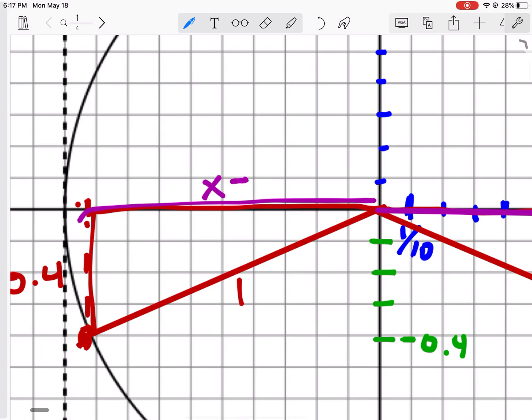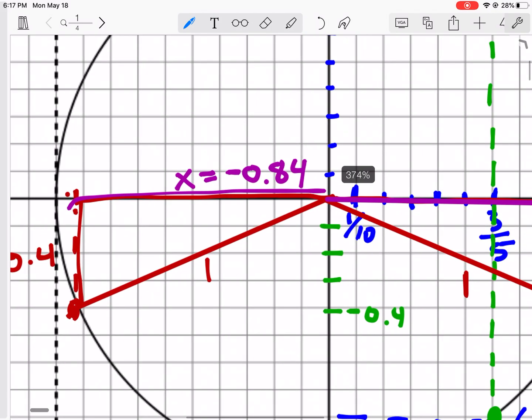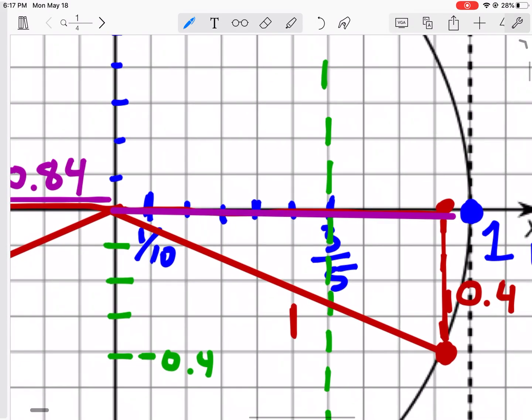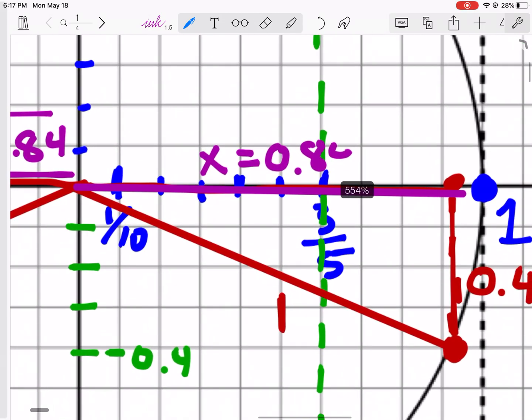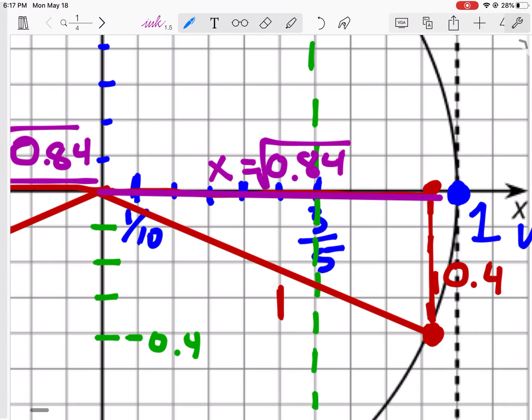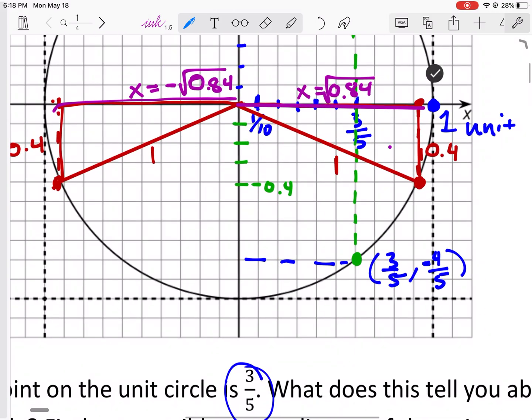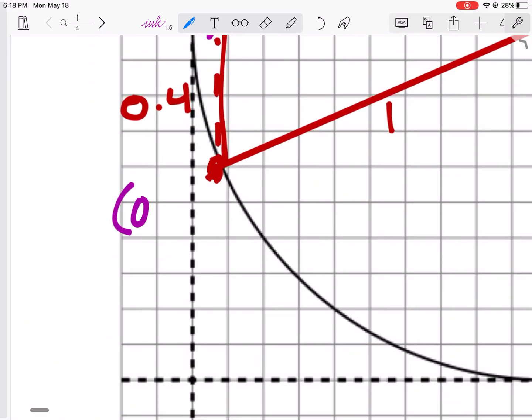This length is negative square root of 0.84 because it goes left. And this would be the opposite, positive square root of 0.84. So we have our points.